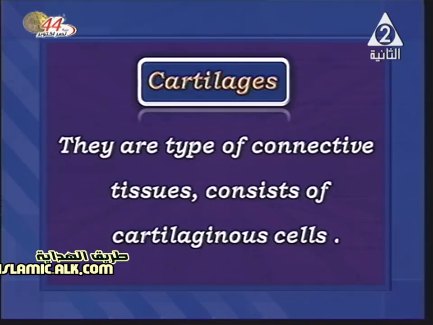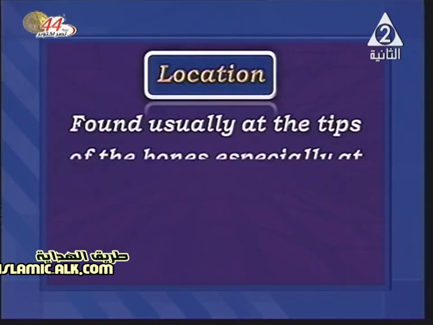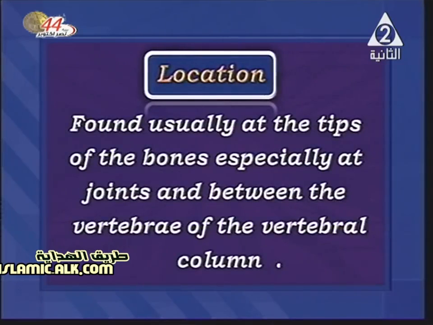What about the location and function of cartilage? As I told you again, in each part I need you to tell me location and function. Location of the cartilages: they are found at the tips of the bones, especially at joints and between vertebrae of the vertebral column.